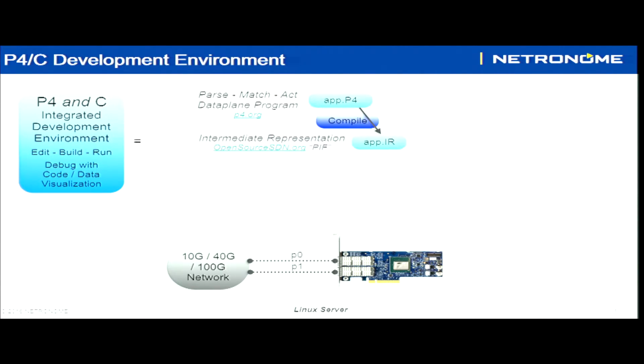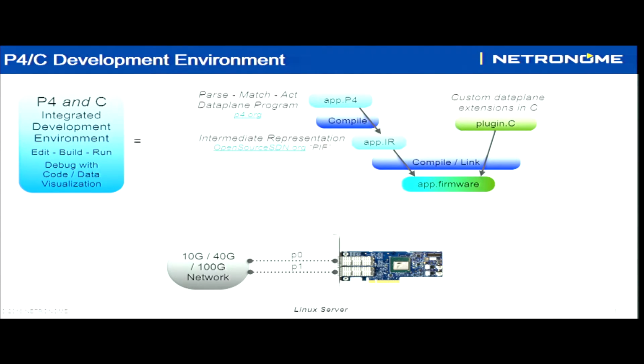That HLIR is actually just objects in memory, Python objects. This IR is a file-based IR. It's using a kind of YAML syntax, and it's standardized at open source SDN.org's PIF group. That we compile further down into firmware for the smart NIC.